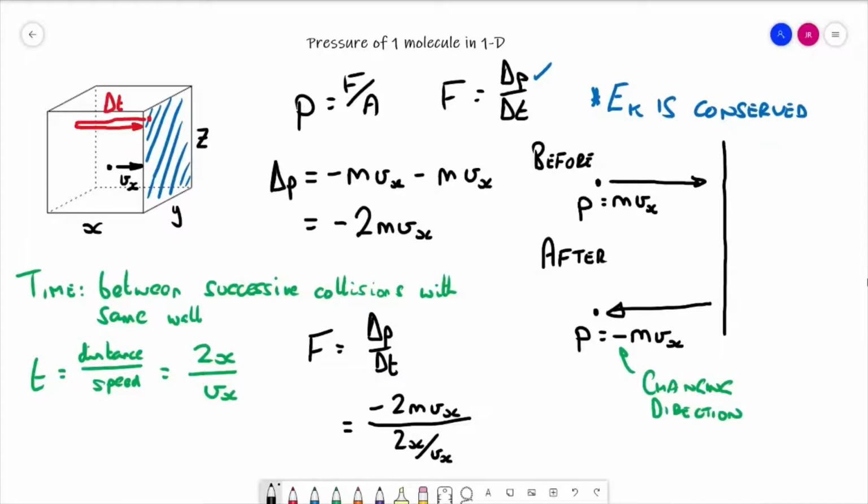To tidy that up, on the bottom we've got divided by vx, so that ends up on the top. And you'll also notice that the 2's cancel out as well. So the final idea is m vx squared over x.